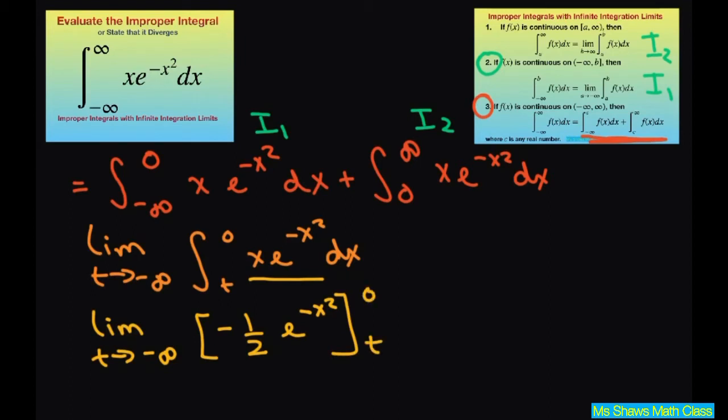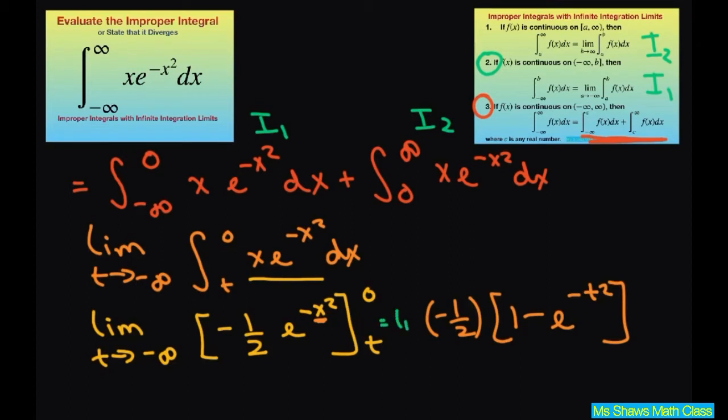So let's bring out the negative 1/2 first, and then do this part. When you plug in 0 here, e to the 0 is 1, minus, and then plug in the t. So we're going to have e to the negative t squared. And we should write the limit in front of this.